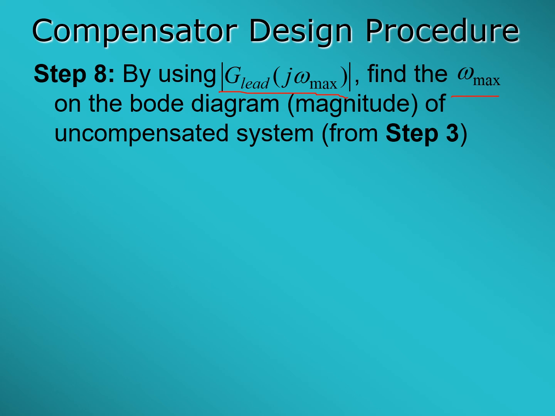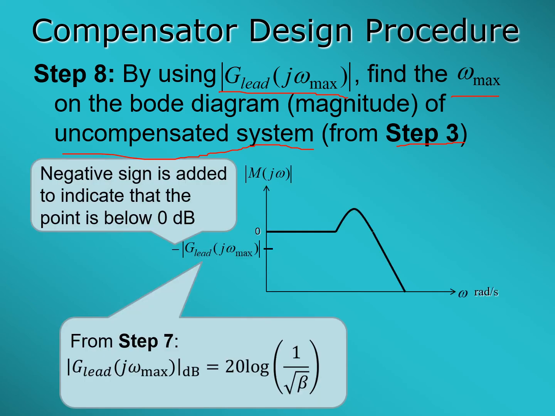the Bode diagram, on the magnitude part of the uncompensated system. You already plotted this in step number 3. From step number 7 you already know the value of G lead j omega max in decibels.